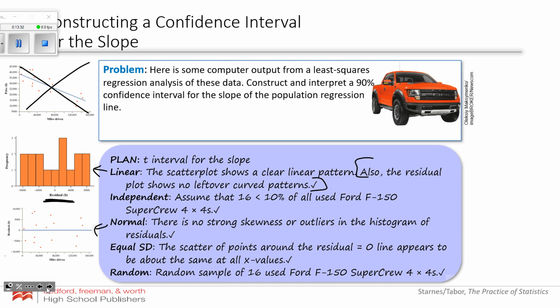This is clearly not normal, but we are more checking for strong skews or strong outliers. Do we have any strong skews? Do we have any outliers? I would say no. Because we don't have any strong skews or strong outliers, I definitely wouldn't say that looks normal, but I would say that probably the condition is met.